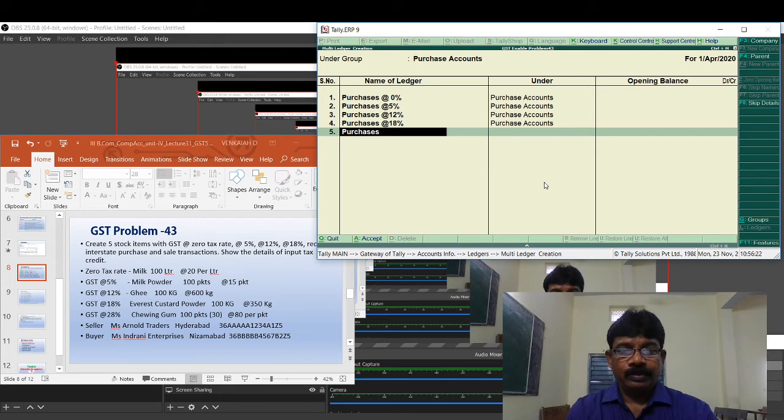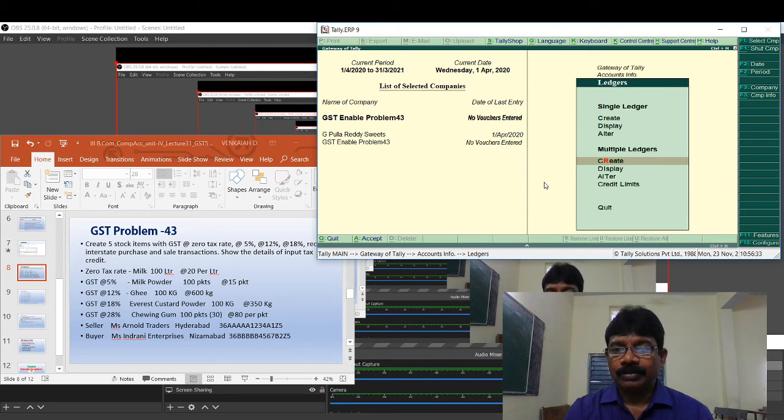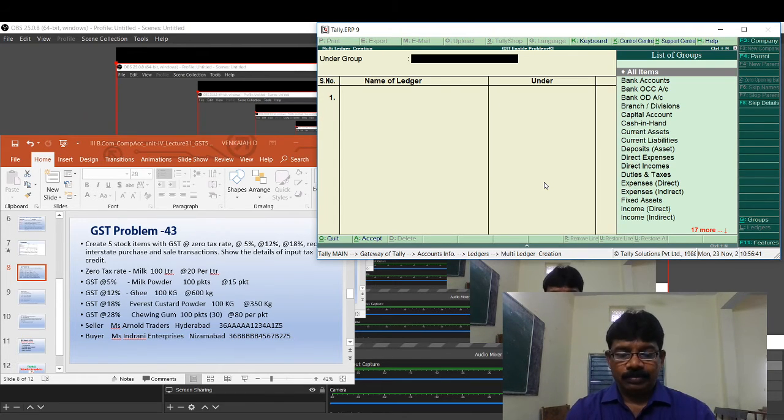At the rate of 28%. So we created all under purchases. Next we can make it as sales also. Create only purchases, right. Next we will create duties and taxes.